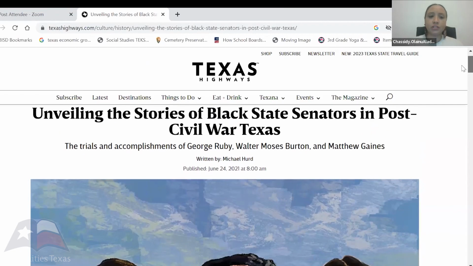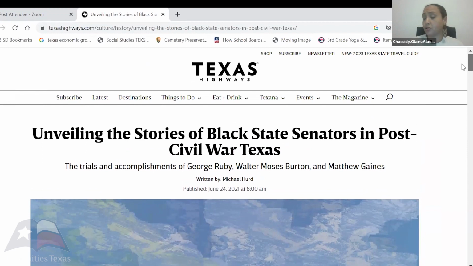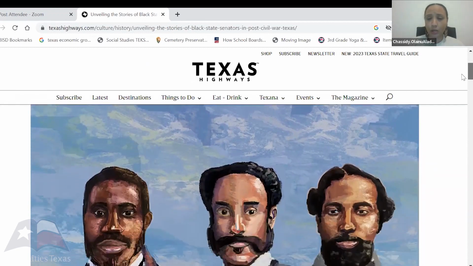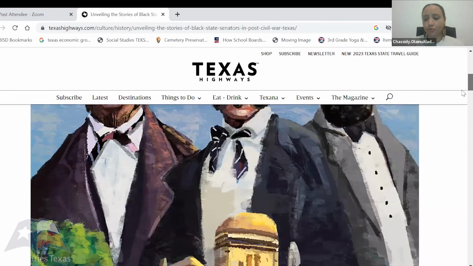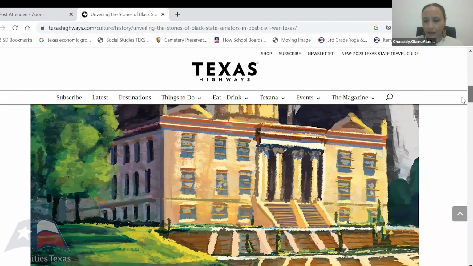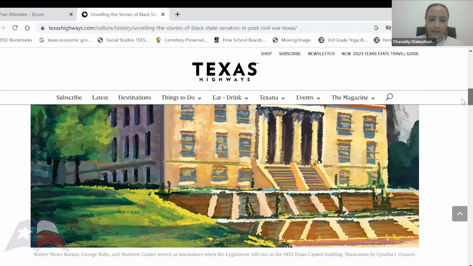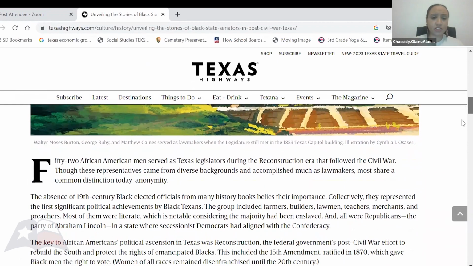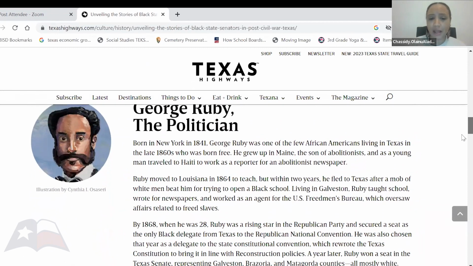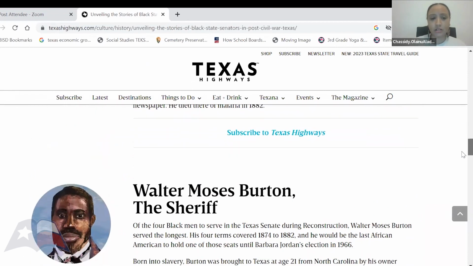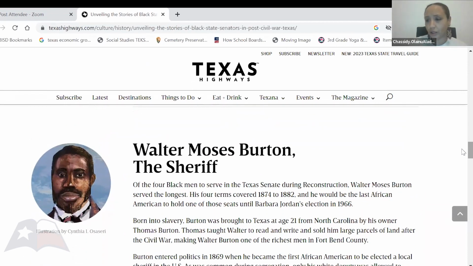And so I just found this. It covers the Black senators during and after the Civil War. And the illustrations are really high quality by Cynthia Asaseri. And so essentially you could take this article and print it out and turn it into placards or snippets. It talks about these three gentlemen.